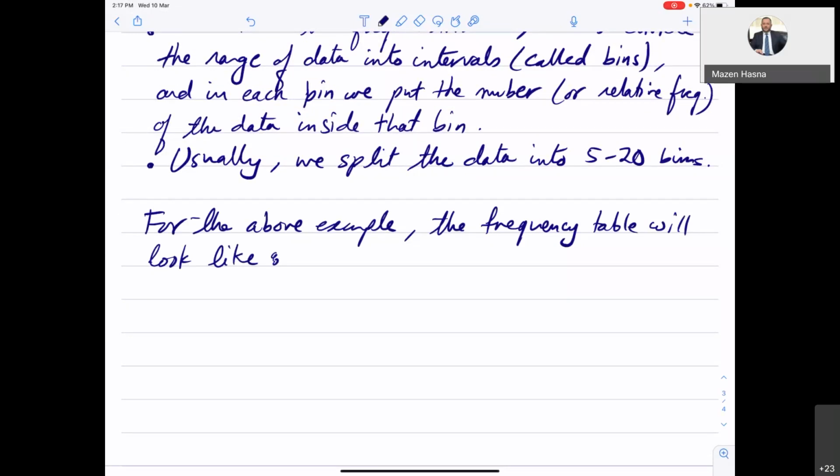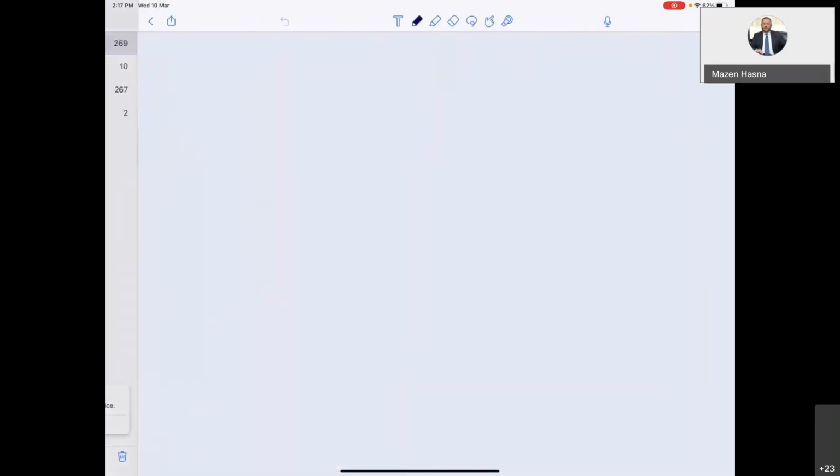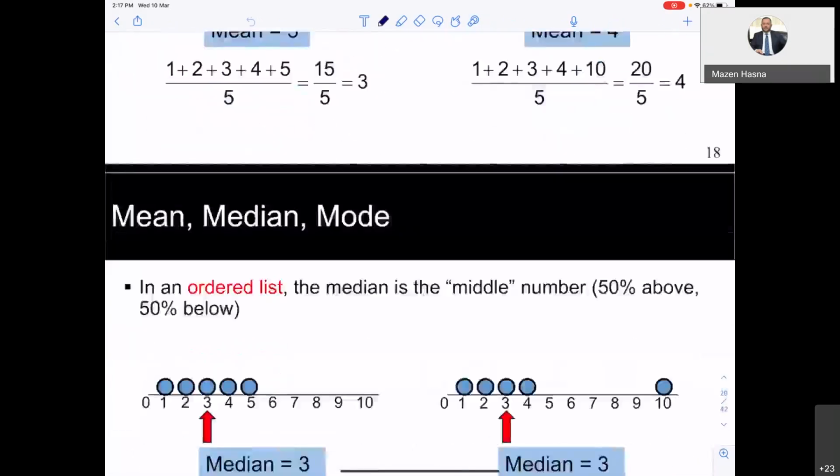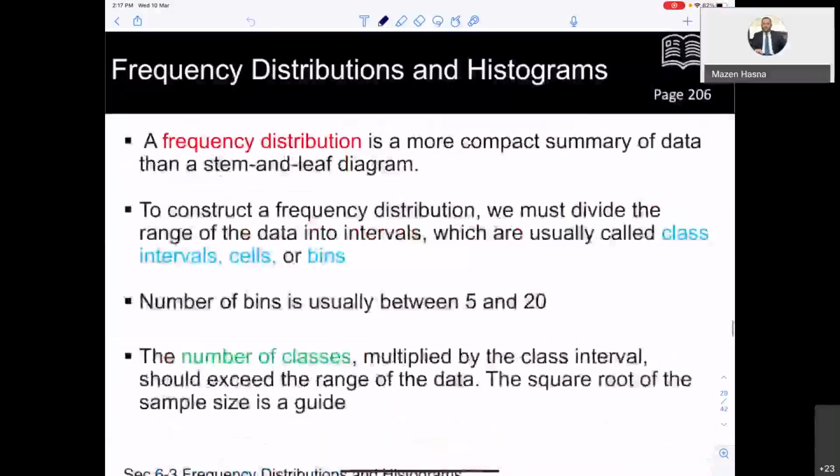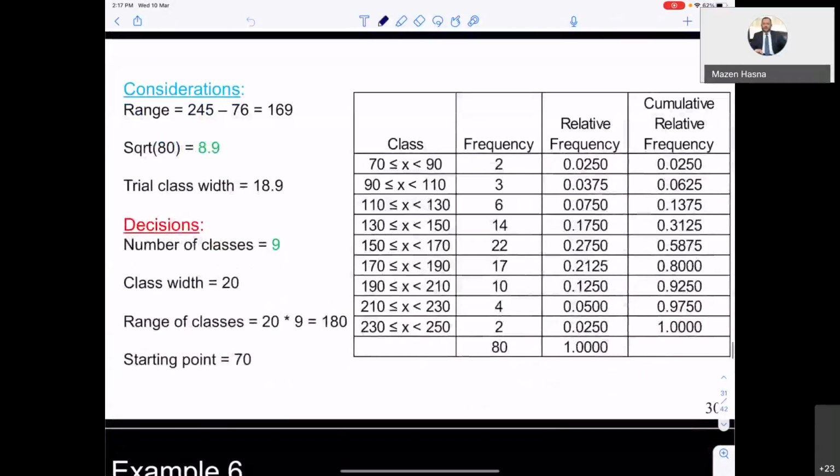Let me, instead of spending some time to plot it, let me, okay. So we'll have something like this. Oh, this is hard to keep. Okay.